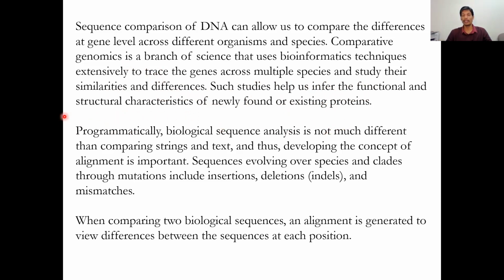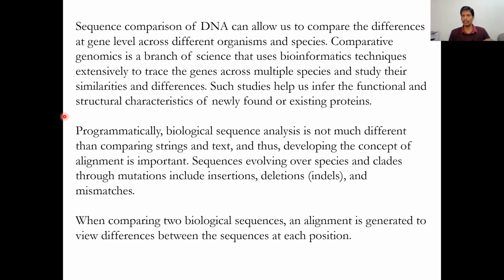So when you have that kind of information, let's say you found a new organism which is similar to humans. What happens when you already have existing information about humans and chimpanzees or other apes?